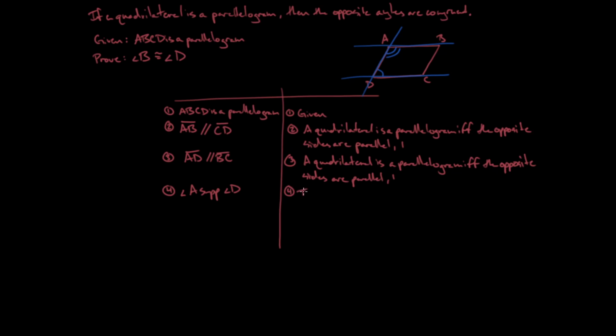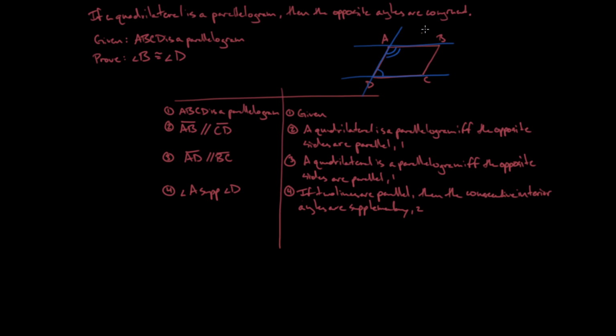The reason for that is that if two lines are parallel, then the consecutive interior angles are supplementary. You might be asking yourself, how does that help us? Really quick, which one did I use? AB and CD, so 2. And the answer is, I can do this again.